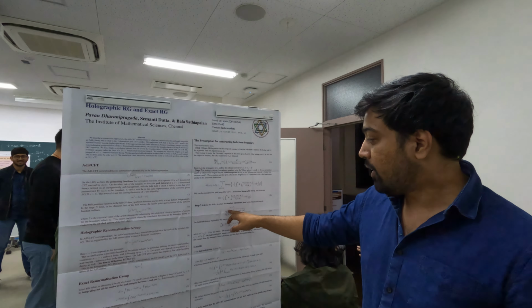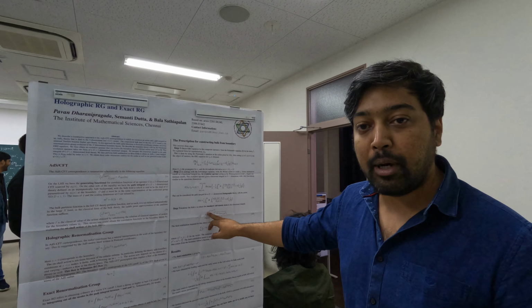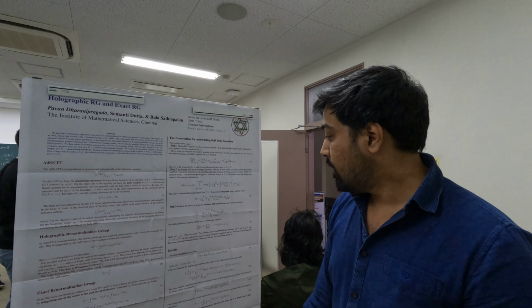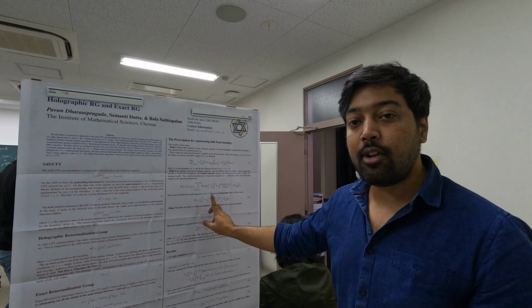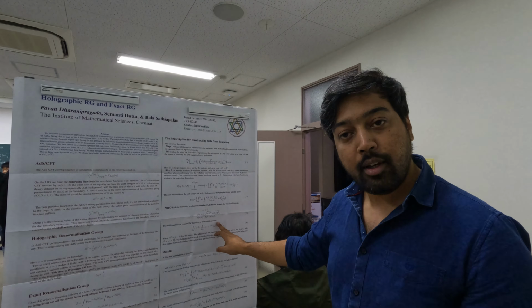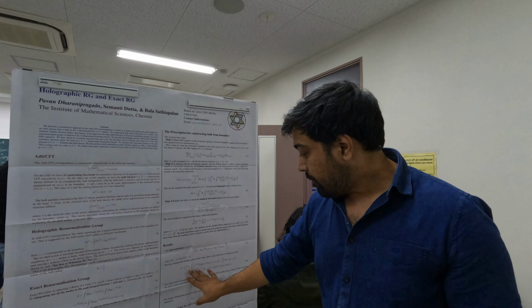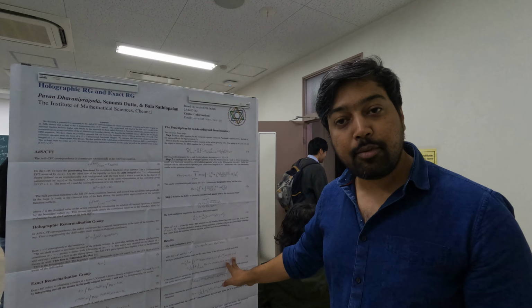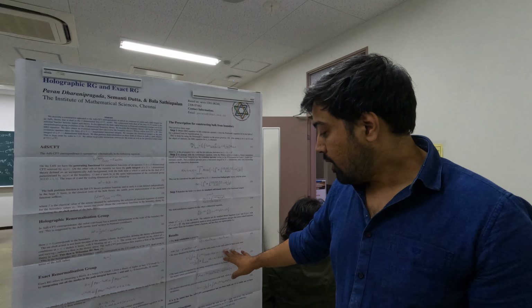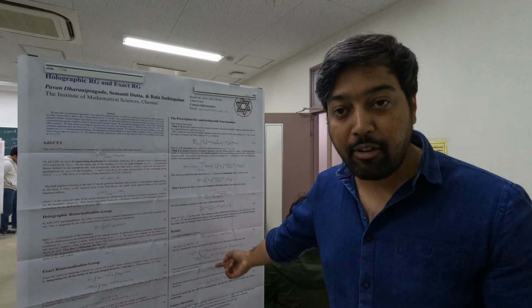So we redefine this RG scale to be Z, the bulk radial direction, and because this action is not local, we make a field redefinition to make it local. We introduce a field redefinition and finally obtain a scalar action for the bulk theory. The same thing we can do with the spin 1 field and the spin 2 field, which gives you a graviton in the bulk.